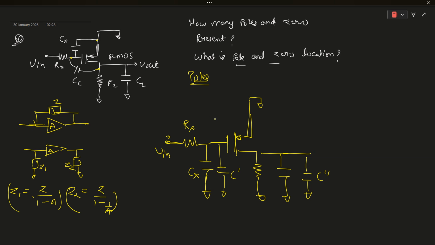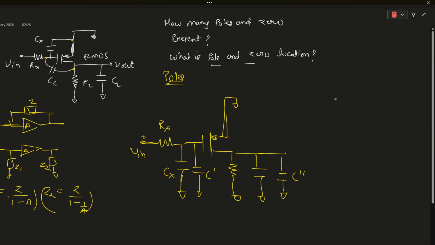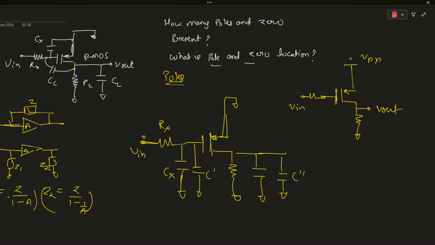Before solving this, I will tell something. If this is a normal MOSFET circuit and this is V in, or we can add resistance here as well, and this is V out.